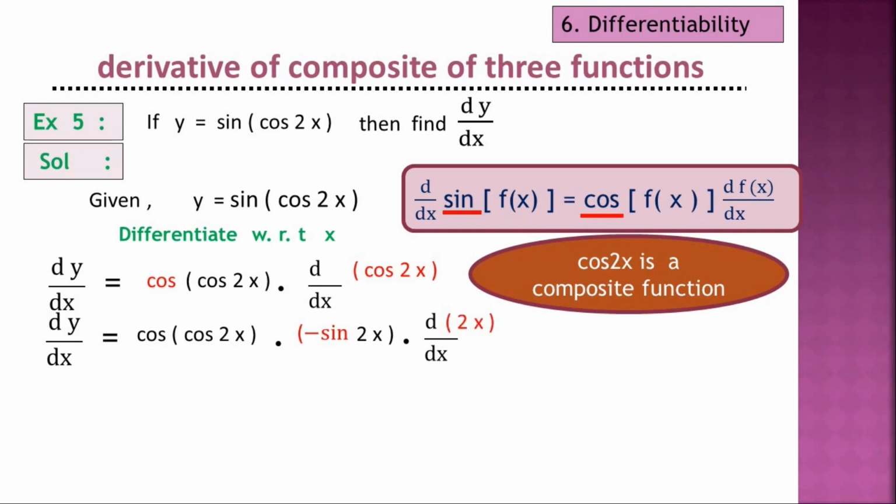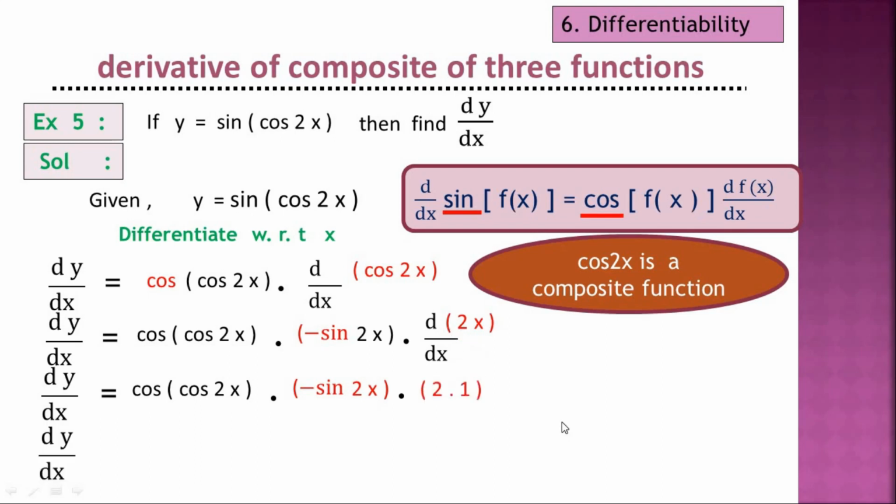So this is part-wise. This is the derivative of the sine, the first function, and this is the derivative of the second function. Next I am writing the third term: cos of cos 2x as it is, minus sine 2x as it is, into d by dx of 2x, which is 2 into 1.